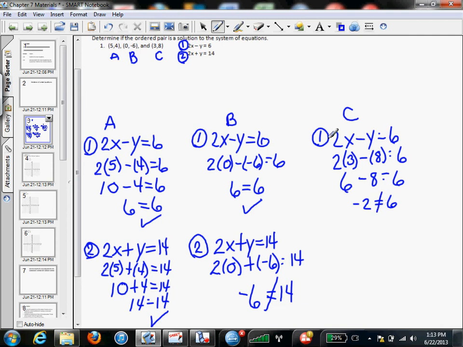What that means is that the pair of coordinates 3, 8 is not a solution to the first equation. Let's test it for the second one. So 2x plus y equals 14. Everywhere we see an x, we'll put in a 3, and everywhere we see a y, we'll put in an 8.